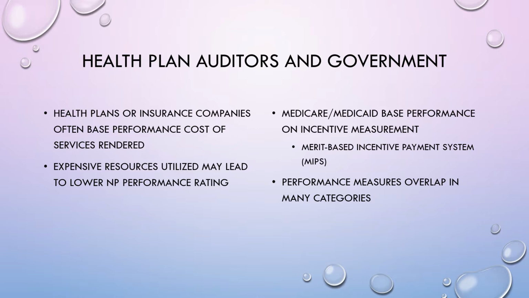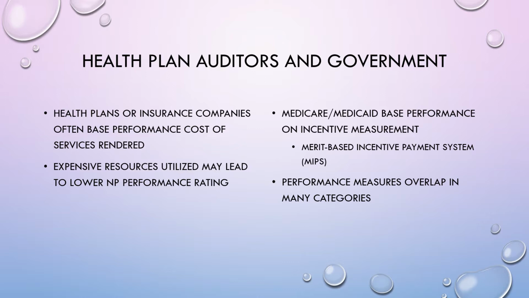Health plan auditors or insurance companies and the government also assess the nurse practitioner's performance. Health plans or insurance companies often base performance on the cost of services rendered. So expensive resources such as hospital admissions and ER visits lead to lower performance ratings for the nurse practitioner.